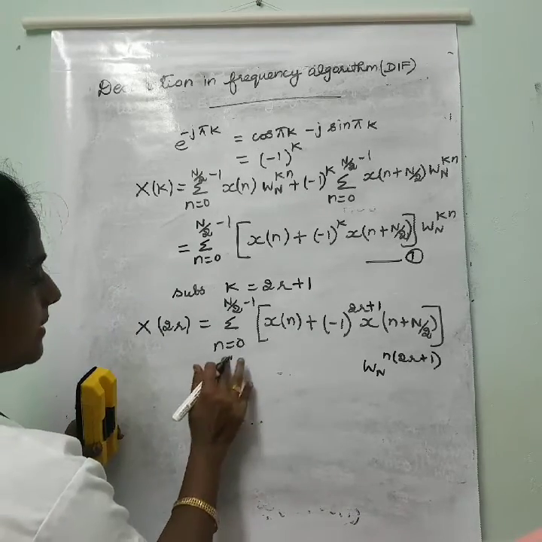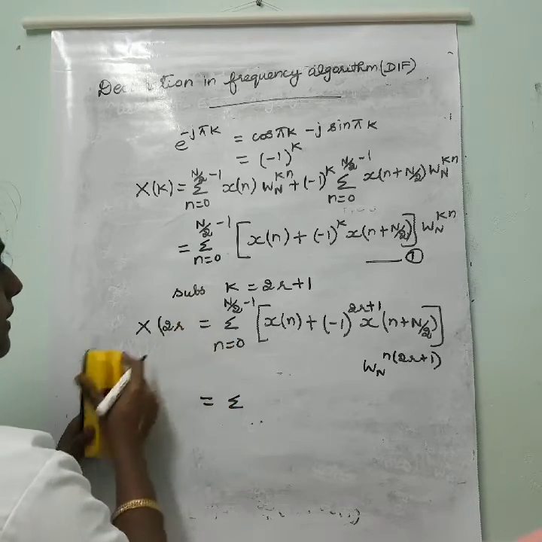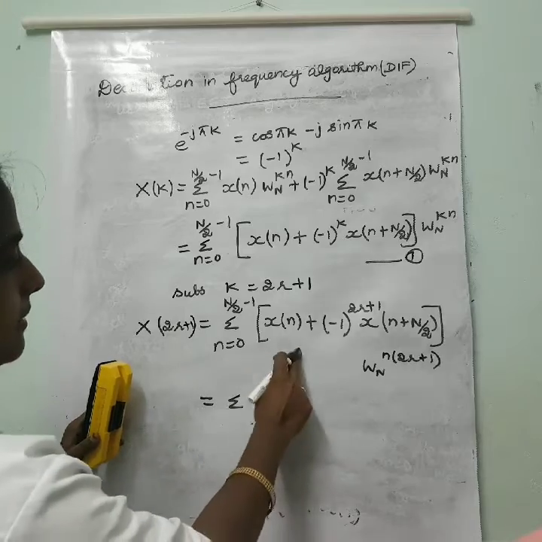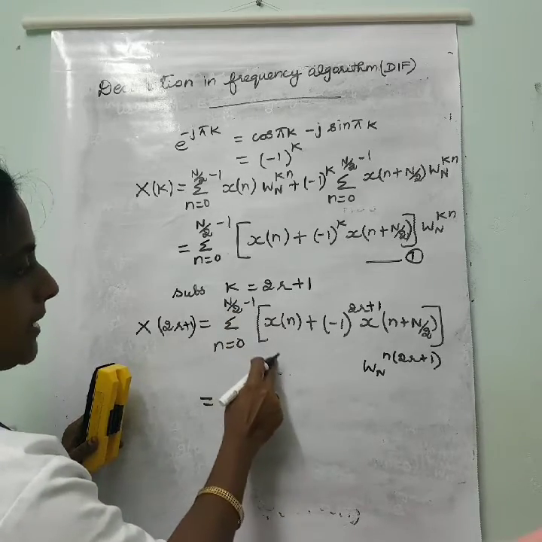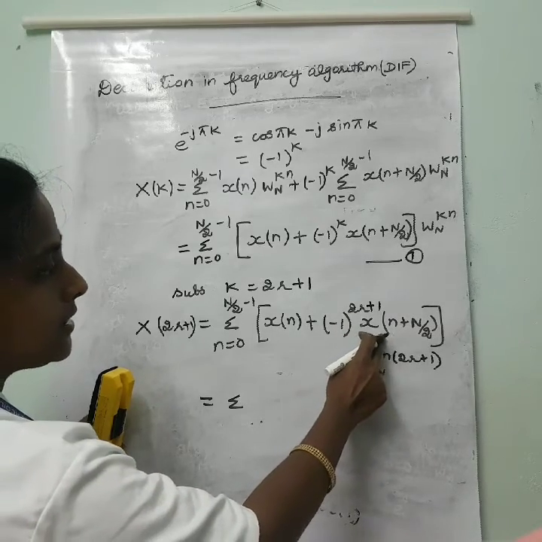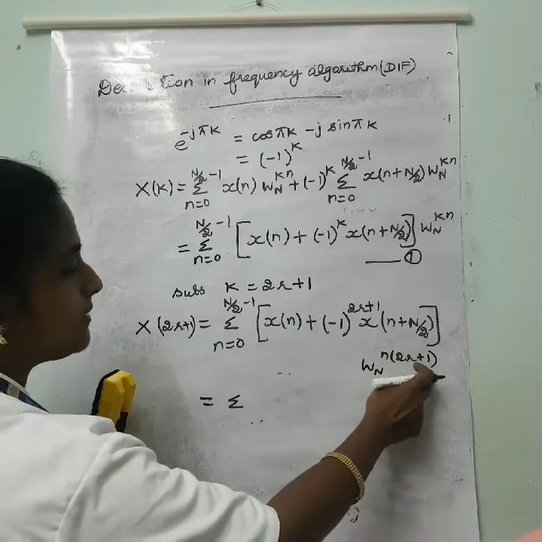So x of k with k equal to 2r plus 1, x of 2r plus 1, is equal to summation n is equal to 0 to n by 2 minus 1 of x of n plus minus 1 power 2r plus 1 into x of n plus n by 2. Here also you can substitute 2r plus 1.